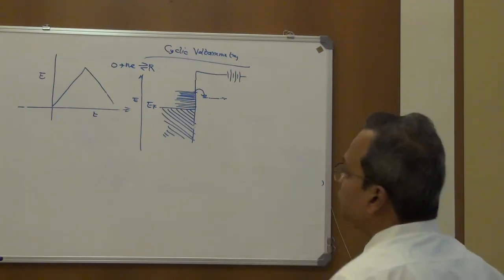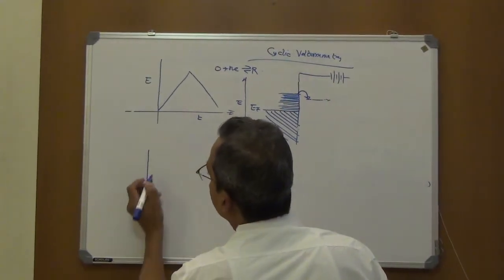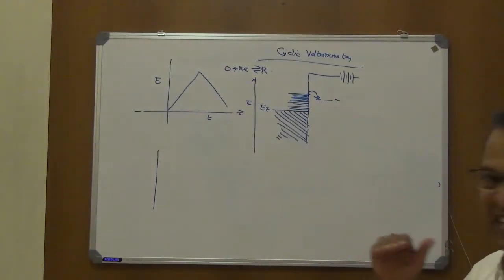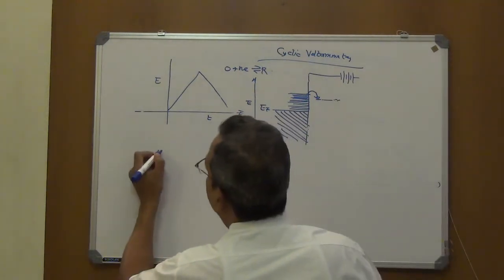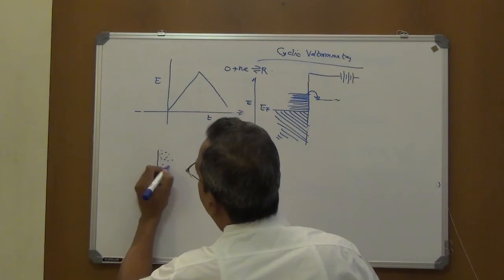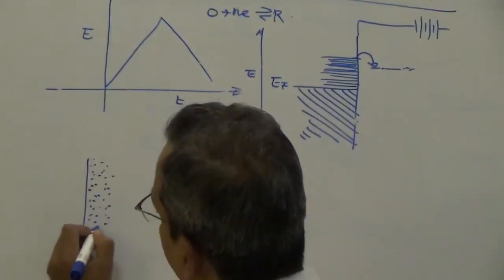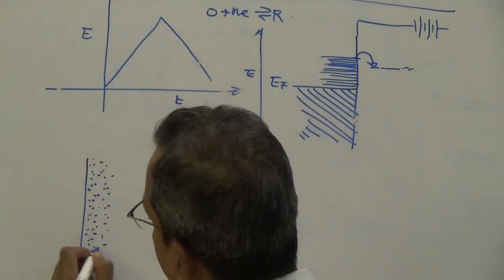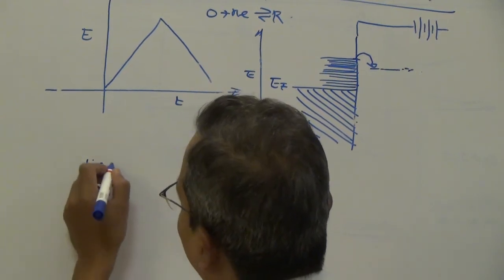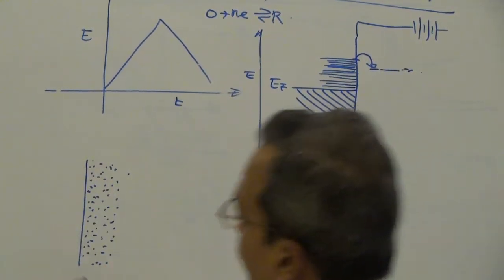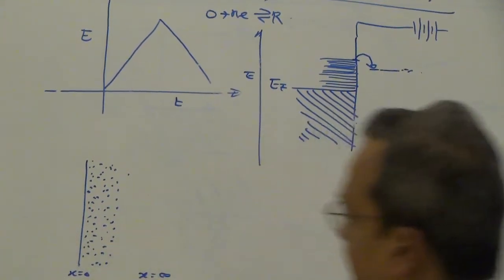So current will flow across the interface. Now try to see what is going on near the electrode surface. Initially, when the potential is less than the redox potential, the concentration of O will be uniform near the electrode surface. That means the concentration of O is identical at x equal to 0 and x equal to infinity.